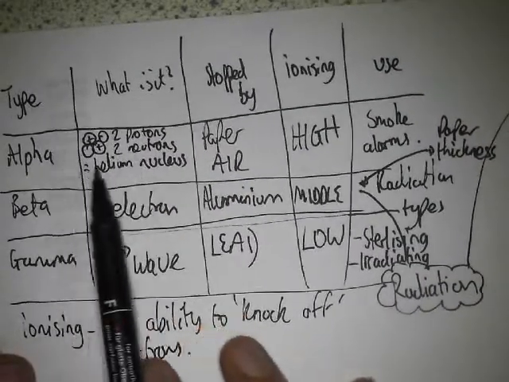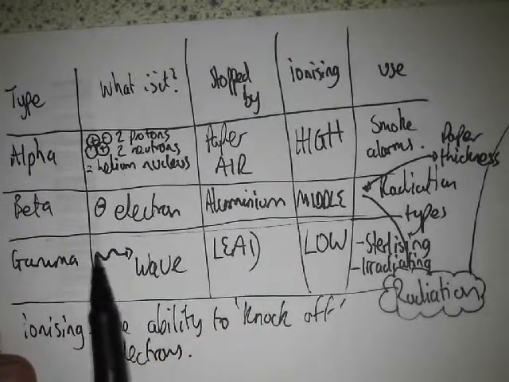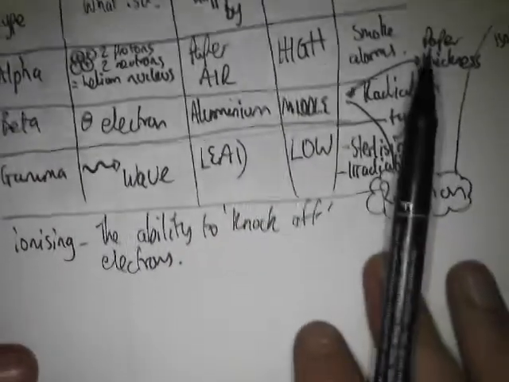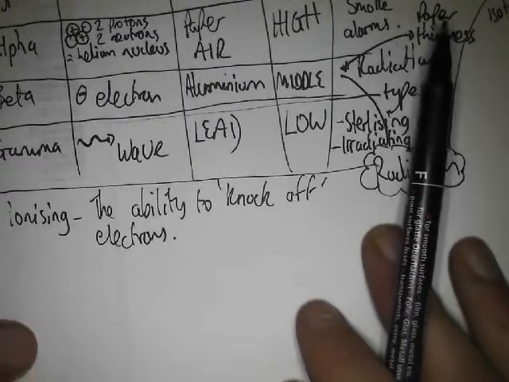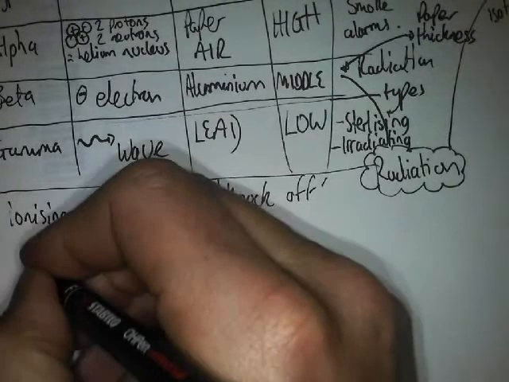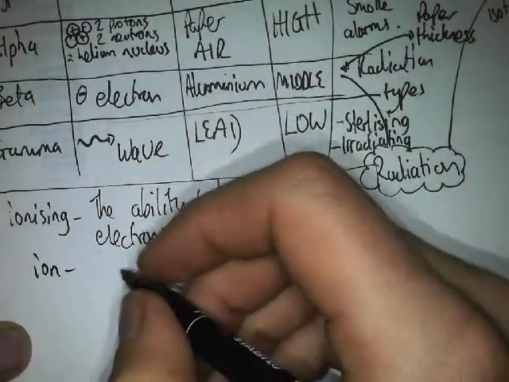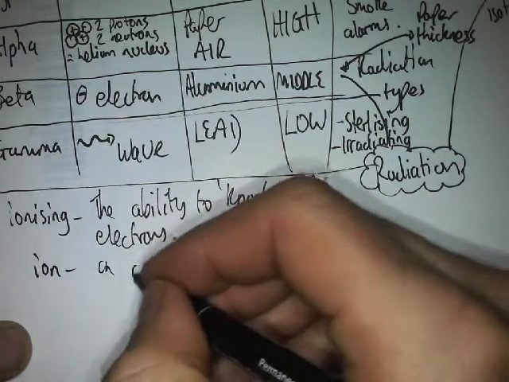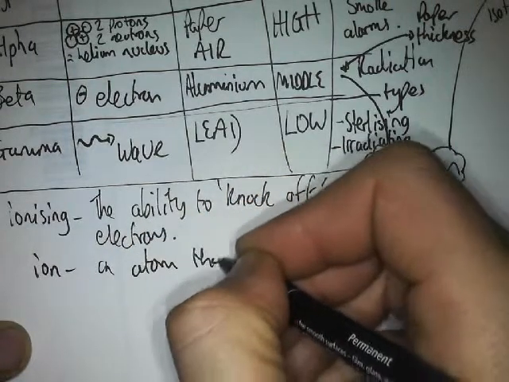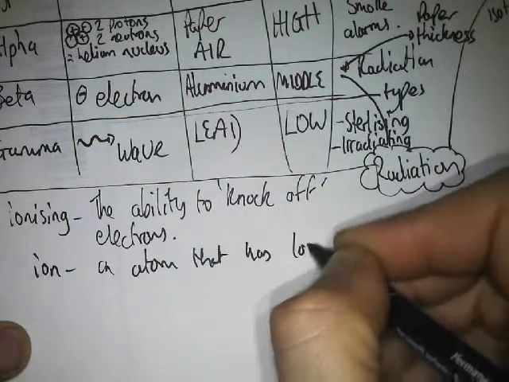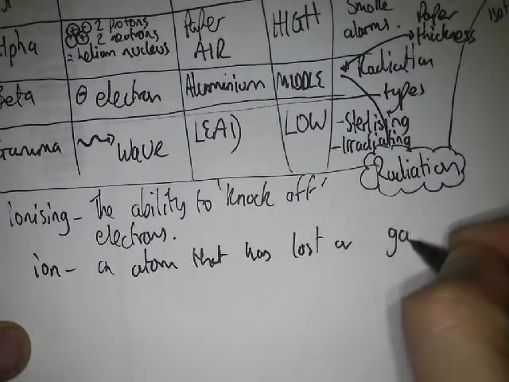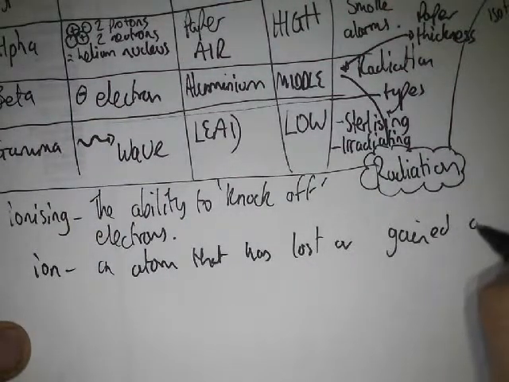Well, alpha's the best because it's so big, whereas gamma is so small it doesn't do that much damage. So, don't forget, an ion is an atom that has lost or gained an electron.